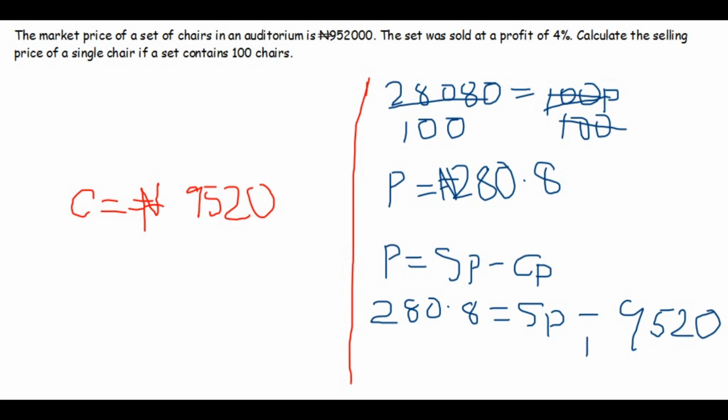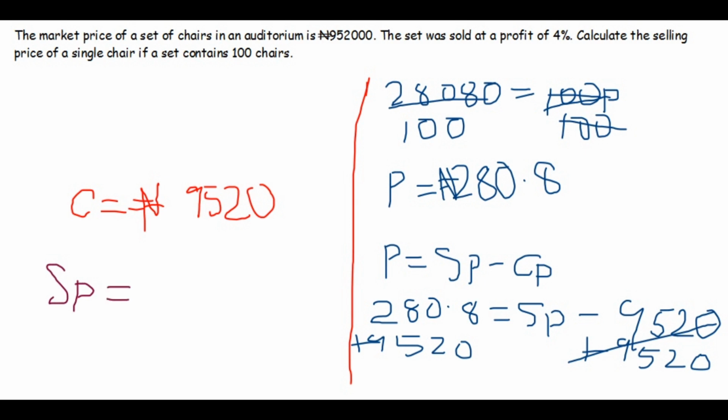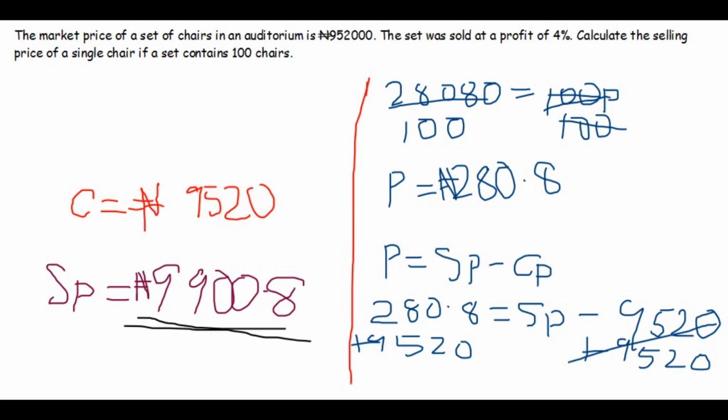If I add 9,520 to both sides, these two cancel out, and therefore the selling price will be equal to 9,900.8 naira. So this is the selling price of a single chair.